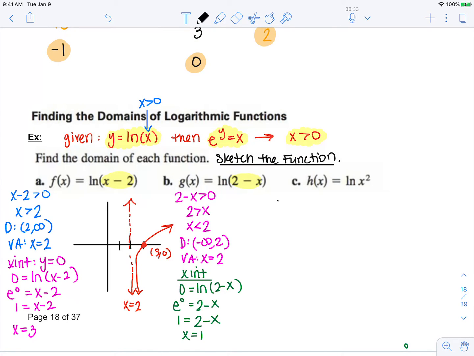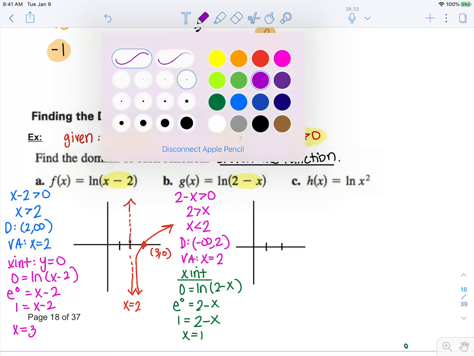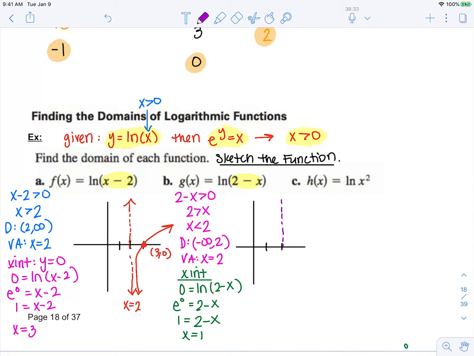So now if I want to sketch this curve, the first thing I'm going to sketch is my vertical asymptote here at x equals 2. And I know I have an x-intercept here at (1, 0).